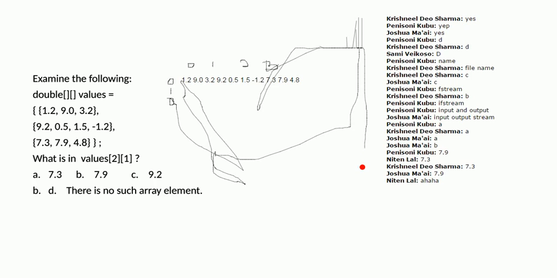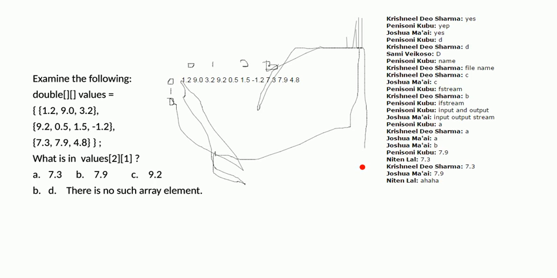The first row has 1.2, 9.0, 3.2, but that row is index 0, right? And now we need row 2. When it's index 2, the row is actually 0, 1, 2, right?